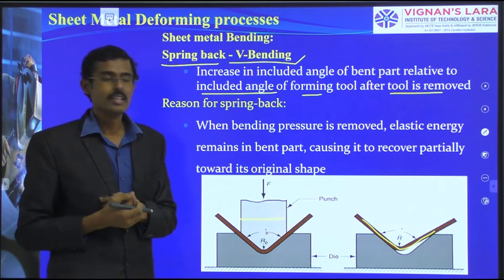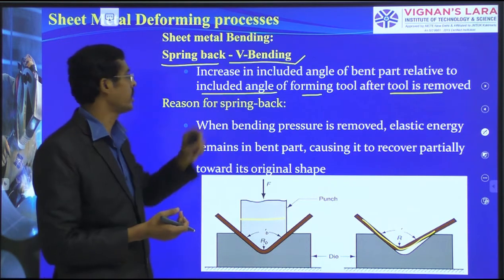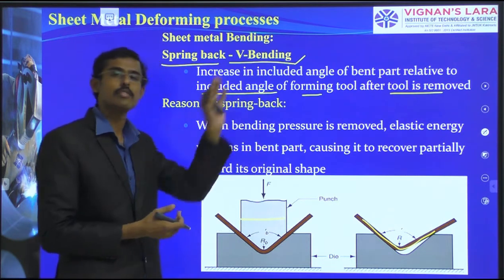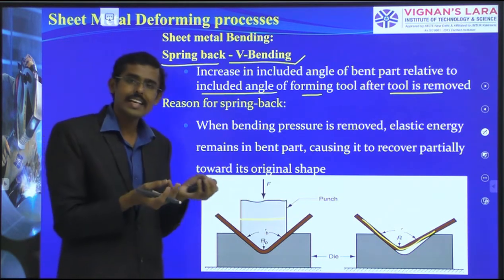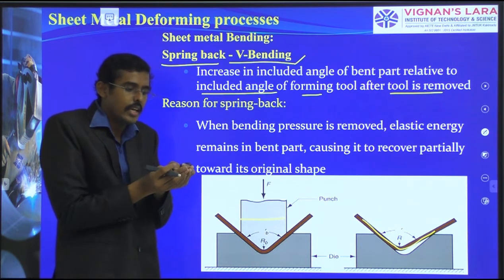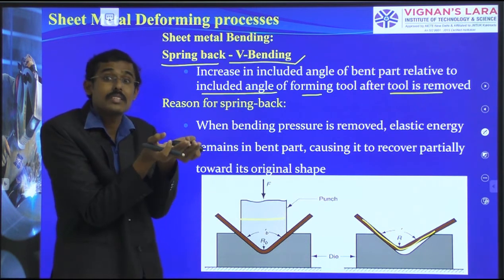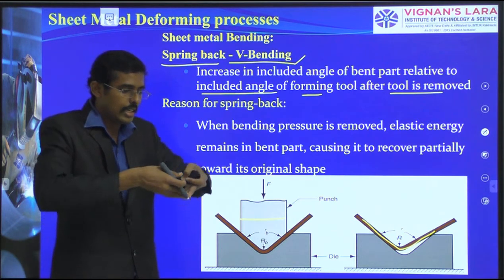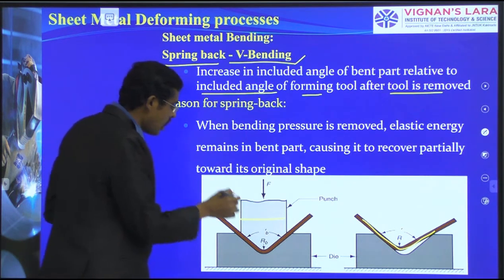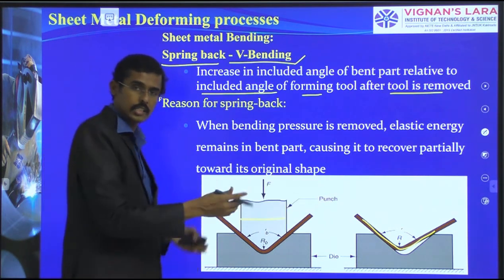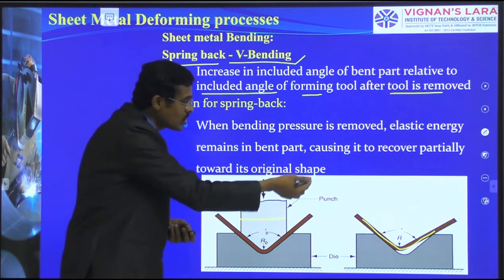So what happens? Even after removing the specimen, this resistance makes it slightly expand. Therefore it automatically comes from the RB position, and the radius expands back toward the original position of R.